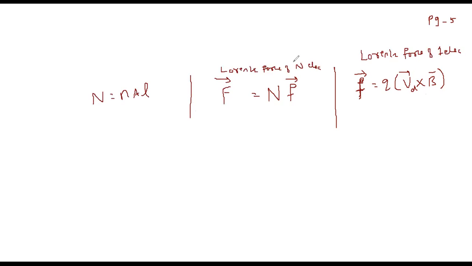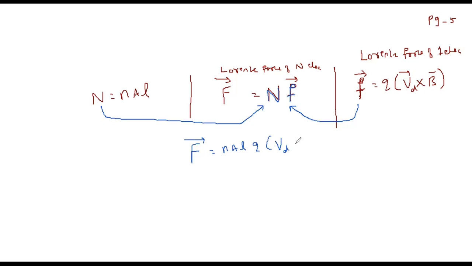Now we are going to substitute this value instead of this N, and this value instead of this F. Upo F vector is equal to NAL Q VD cross B ஆயிடும். கரெக்டா? இப்போ இதுல NQVD is equal to J ன்னு எழுதிக்க போறோம். Already we know this from our previous chapter.